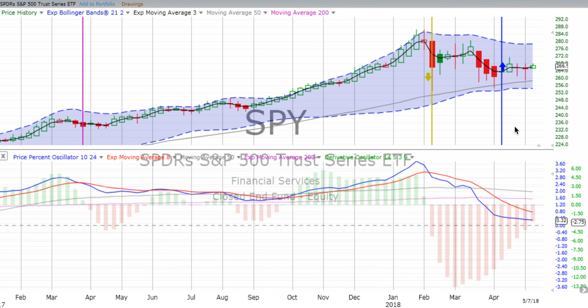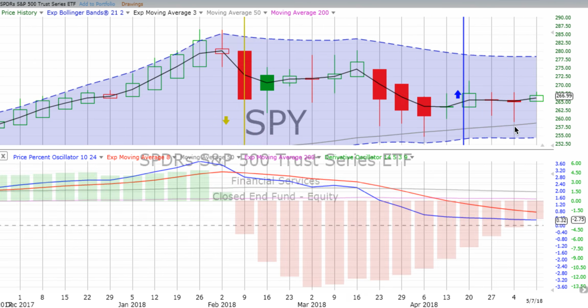We see that the S&P 500, almost said 20-year bonds. Sorry about that. We'll get to that in just a minute. The S&P 500 started the week off up 0.33% for the day. If we look at the weekly chart, we see it's gone just about flat. Still looks like it's ticking down just a little bit on the price percent oscillator.